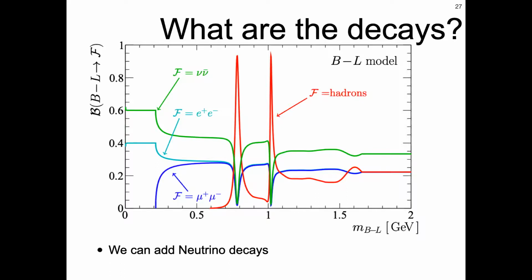I mean, you can turn on and off the quark and lepton or neutrino couplings with some amount of freedom. I think that's all I'll say about B-L, but it's a quite popular model. But I think it's becoming less popular because of the constraints from neutrino decays. Yeah, so here's the branching ratio to neutrinos. So once you add B-L, you have neutrino decays, you get the rest.